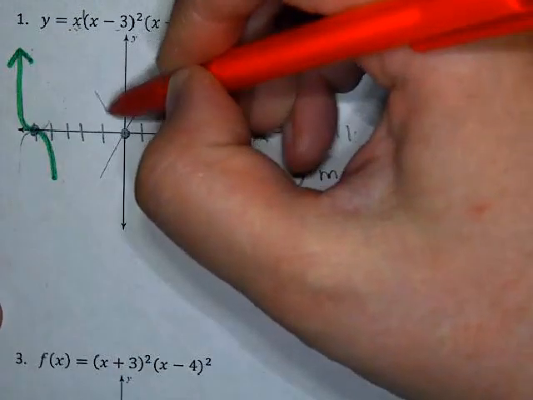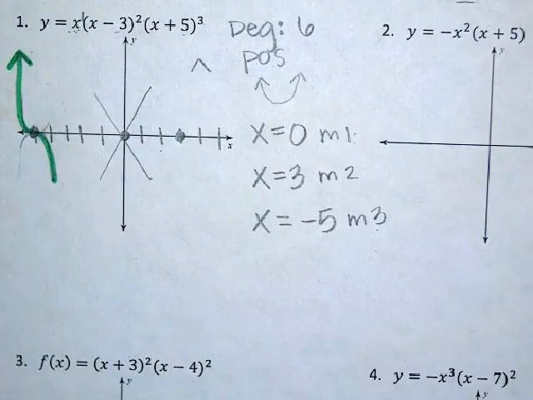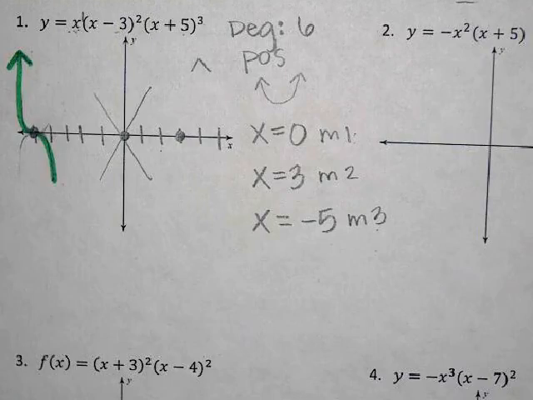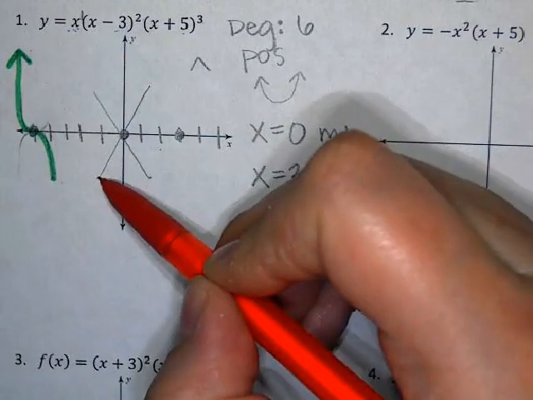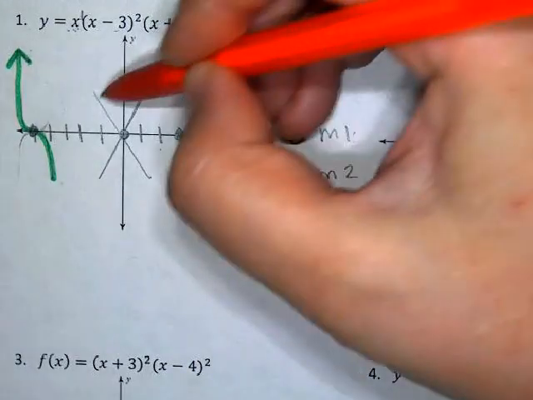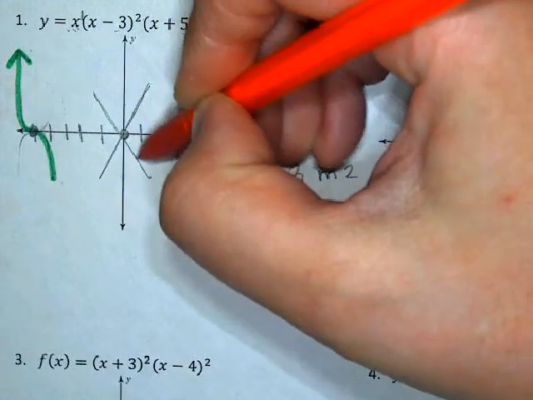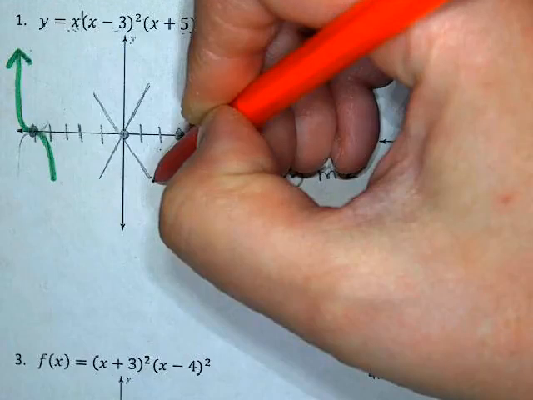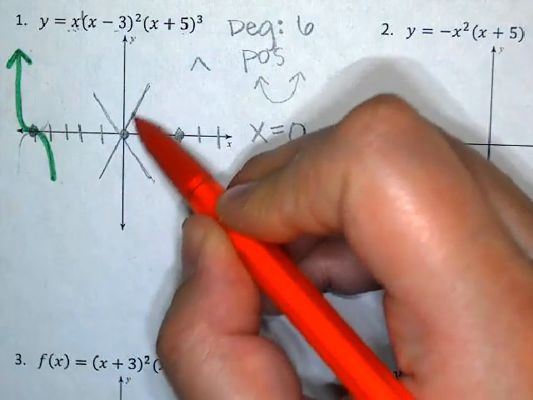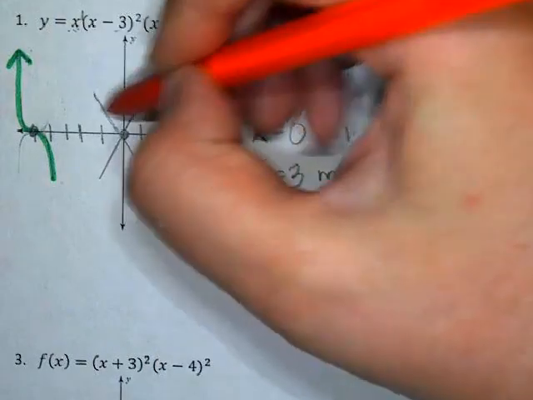Which one would connect to the green better? Should I draw my slant like this to connect to the green? Or should I draw my slant like this to connect to the green? First one or second one? First one, okay?